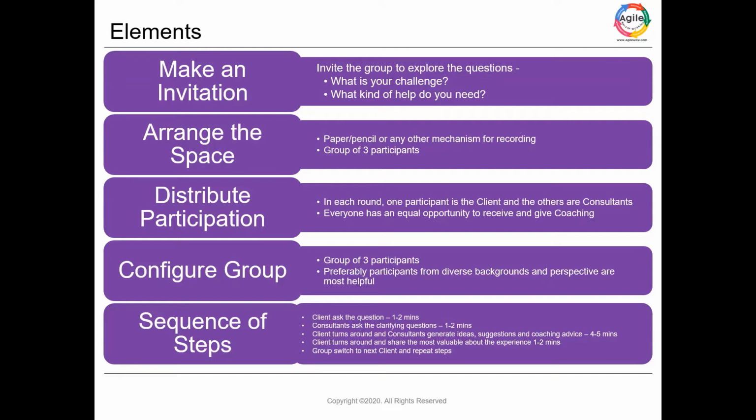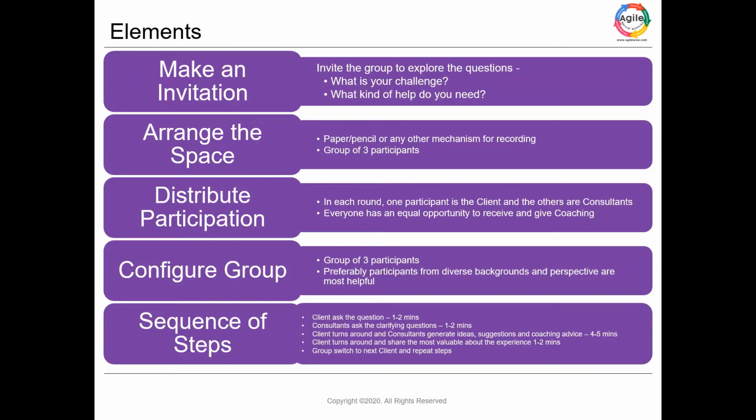Once this is done, the client will turn around again and share the most valuable thing he or she heard in the past 4 or 5 minutes, which he or she is going to implement to solve the challenge. This may again be 1 or 2 minutes. Then the first round is over.